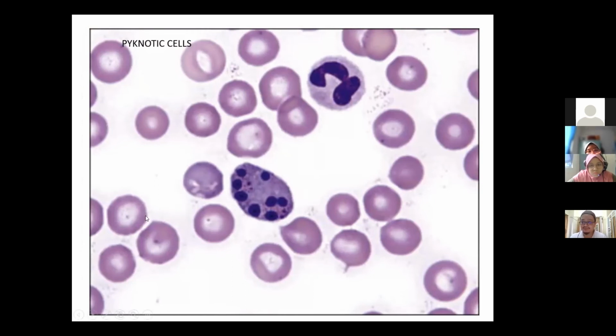Tapi yang ni dia dah pecah-pecah, and then you can see there is like an eye, kat sini ada satu titik. Maybe the smaller one you don't see it, but here you can see again. So these are presentations that we call pyknotic cells. Very dense. It is nucleotic material. Apa ni dia, purple or bluish, and then you have that macam one more central area of very purplish area. It is actually a very dense area of the nucleotic materials.